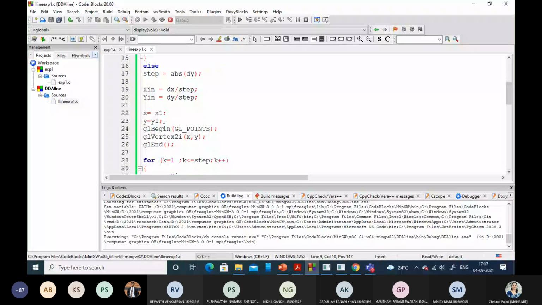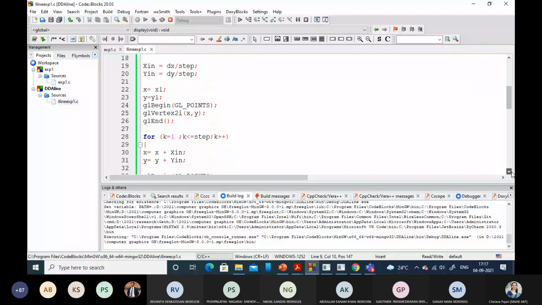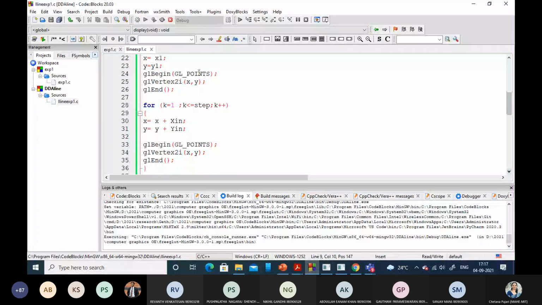This is to represent the data onto your window. Here we are making use of a loop. The end condition is the step, which is just the number of pixels you have to go through in order to reach your endpoint. Then you increment your x and y values based on the x increment and y increment values, and for each iteration you plot the points onto your screen.